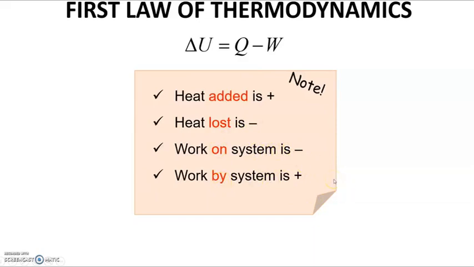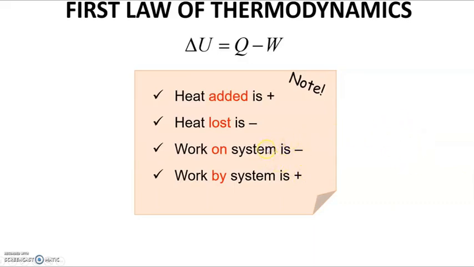Now, if work is done on the system, the internal energy of the system will increase because energy is being transferred to the system. Since we are adding energy, isn't work supposed to be positive in this case? For me, I like to think that these negative and positive signs of the work are not here to refer to whether energy is being added or not.